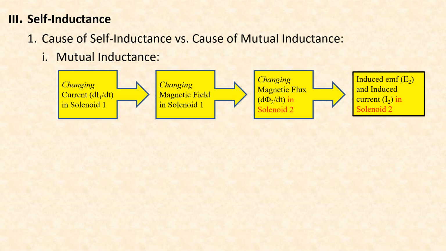So in the case of mutual inductance, we see how a changing current in one solenoid will produce a current in a second solenoid.